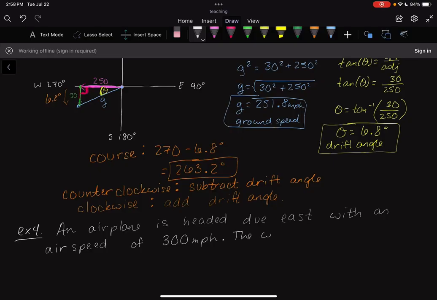The wind is out of the northeast, bearing 225 degrees at 50 miles per hour.